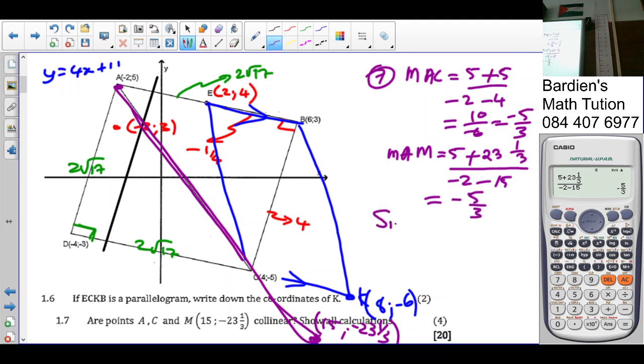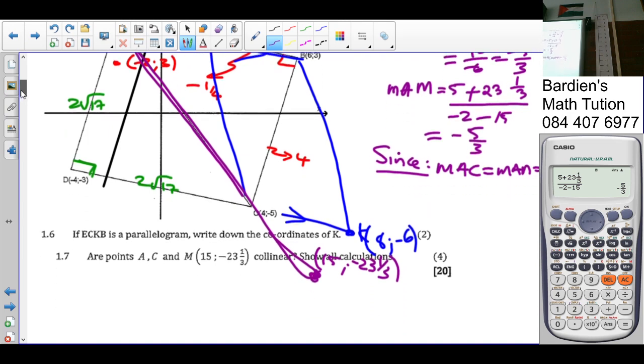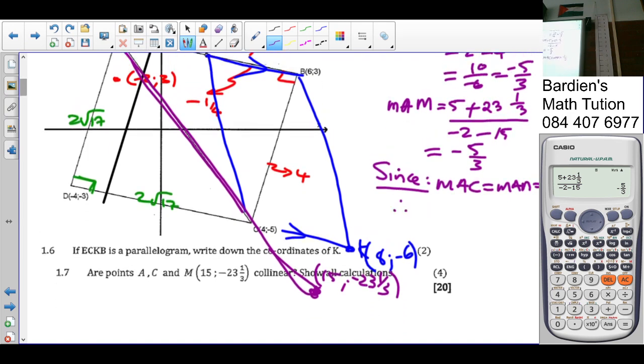Since the gradient of AC is equal to the gradient of AM, which is equal to negative 5 over 3, therefore A, C, and M are collinear. Okay, you all agree with that? Any confusion?